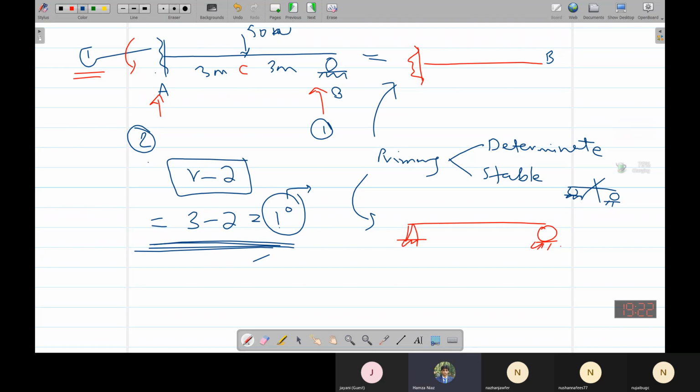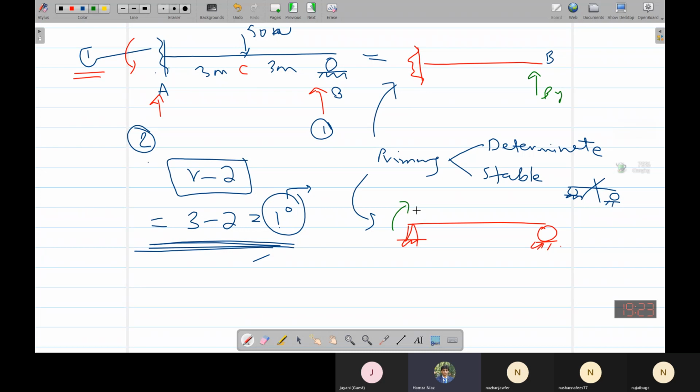This is an important step as the whole question is going to depend on it: how we are going to resolve our question into a determinate structure. Afterward, all our reactions will be based on this. For example, in this one, we have removed the support at B, so our reaction will be By. But in this second case, we have converted the fixed support into a hinge support.